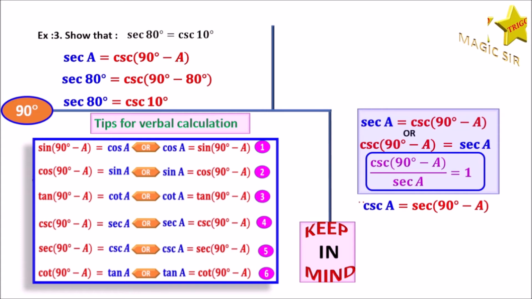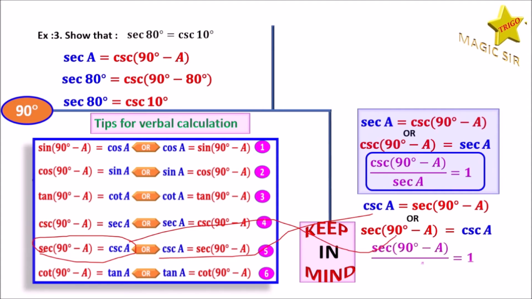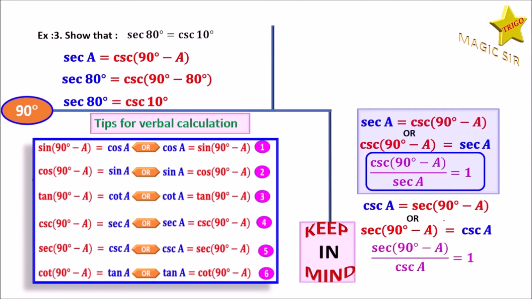Similarly, from the fifth formula, cosec A is equal to sec 90 degrees minus A, or this can be written as sec of 90 degrees minus A is equal to cosec A. Dividing both sides by cosec A, we get sec of 90 degrees minus A upon cosec A is equal to cosec A upon cosec A is equal to 1.